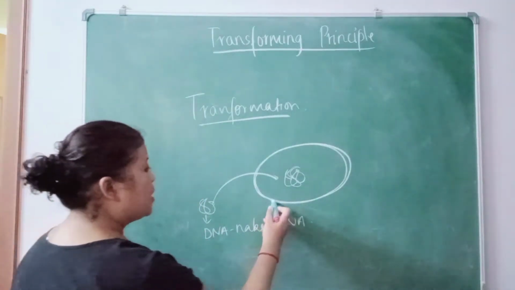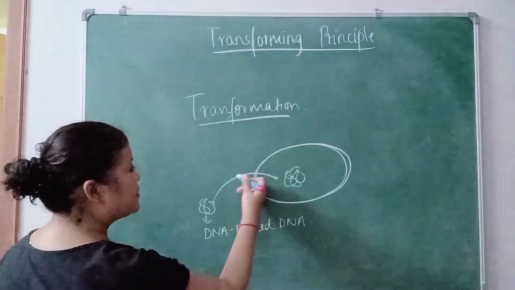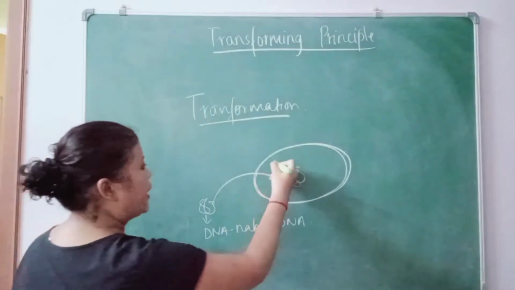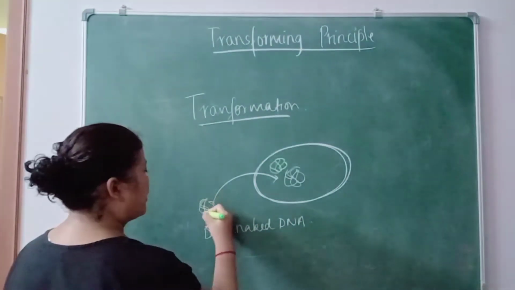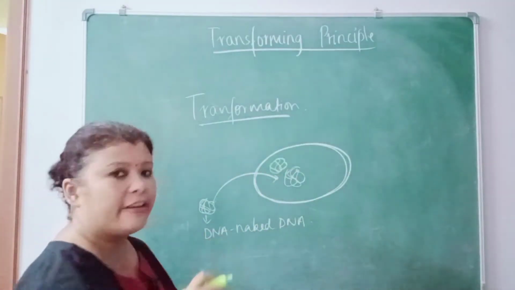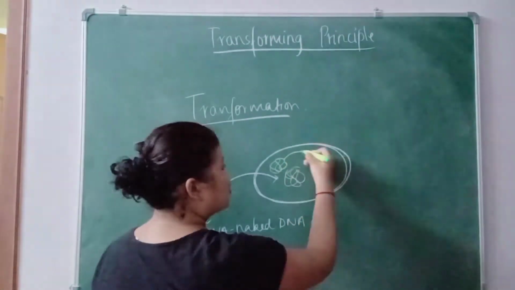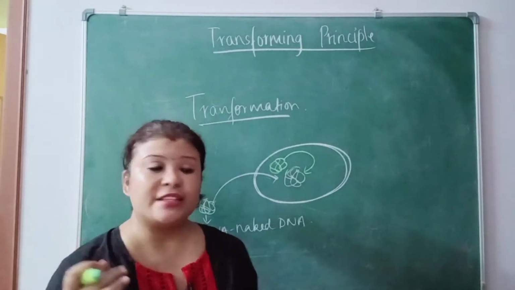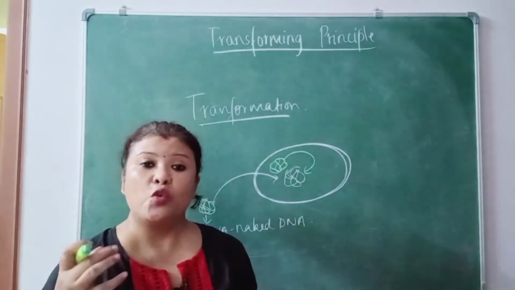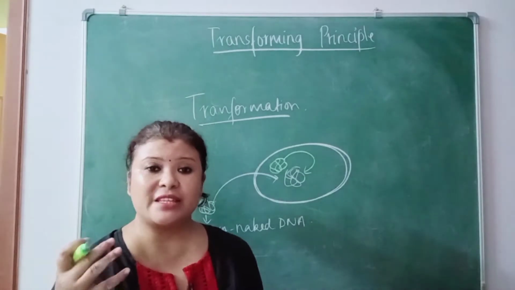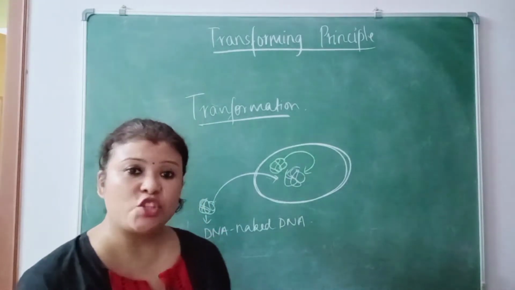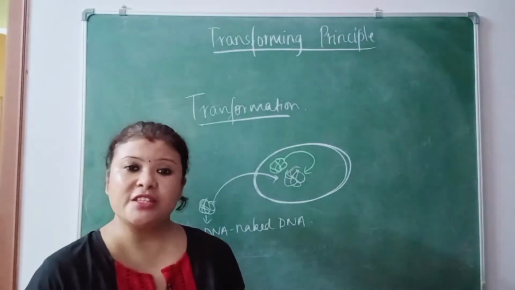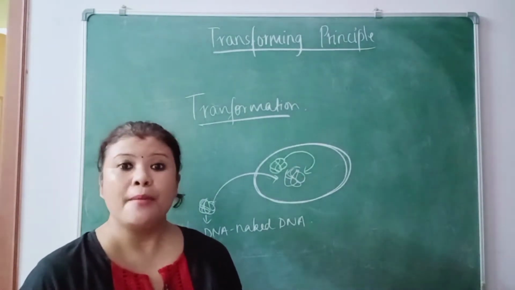So this live bacteria will pick up this naked DNA and will incorporate it into itself. And these incorporated changes may at times bring about certain transformation in this bacteria, resulting in the formation of certain features and certain structures which are associated with the naked DNA. This is called transformation in bacteria.